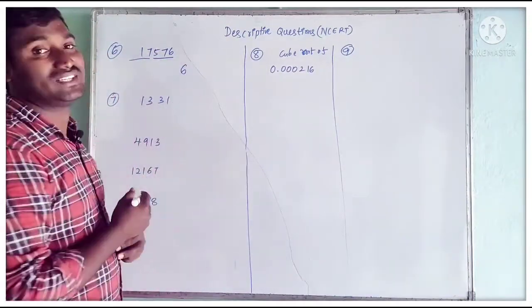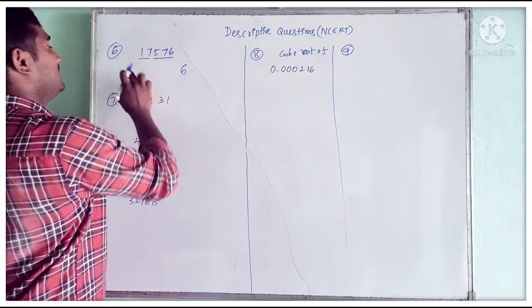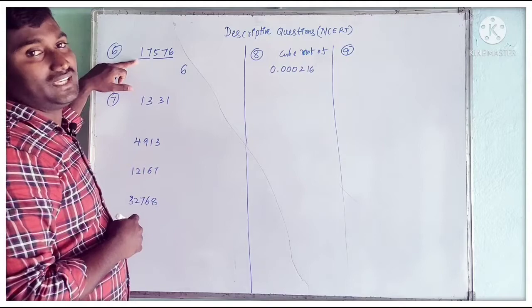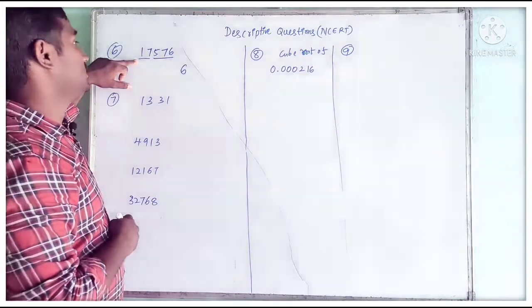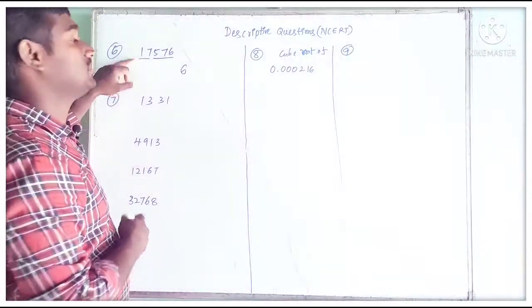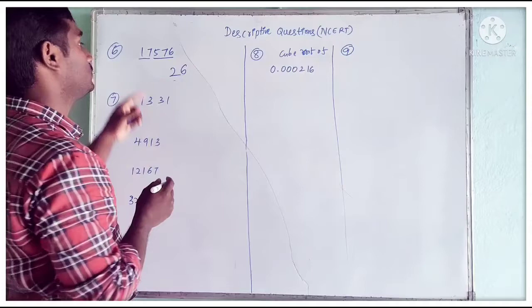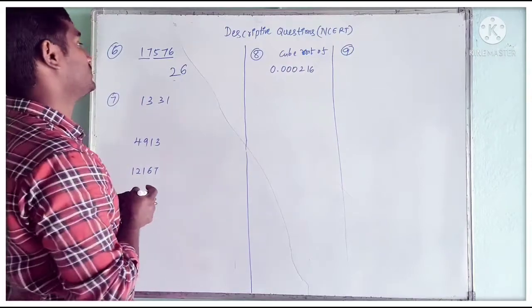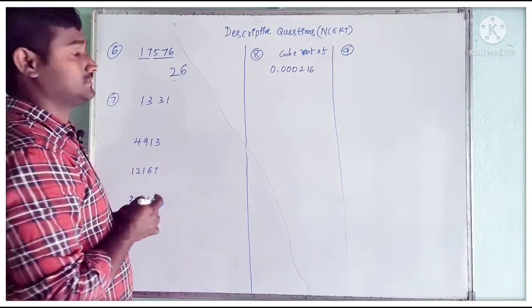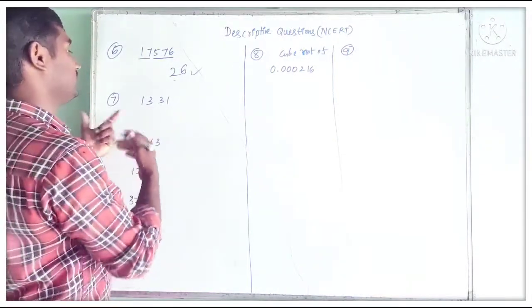Near to the 17, what is the perfect cube we have? 8 only we have the perfect cube near to the 17. So cube root of 8 is how much? 2. So 26. So 26 is the cube root of 17,576. Okay, this is the estimated method we can do very shortly, and the remaining sums also.